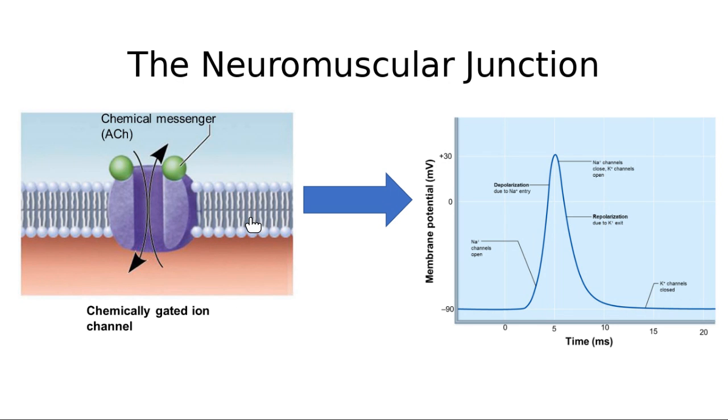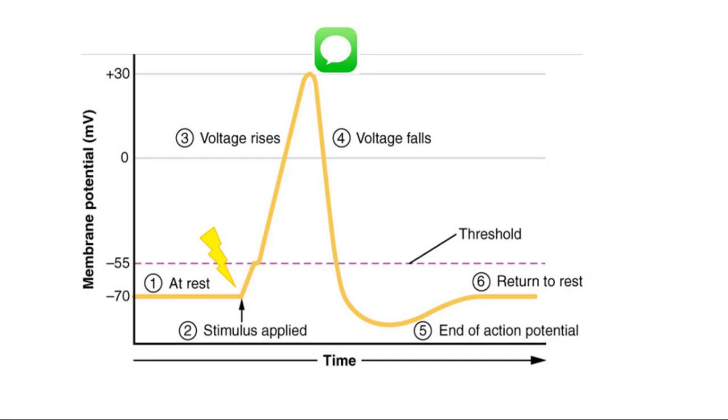Remember, we talked about the thing called the action potential, where I depolarize one part of the membrane and then I freak out all the parts that are next to it because they have those voltage gated channels. But remember, in a muscle cell, or while we're at it, in a neuron, it all starts with chemicals, with chemically gated channels.